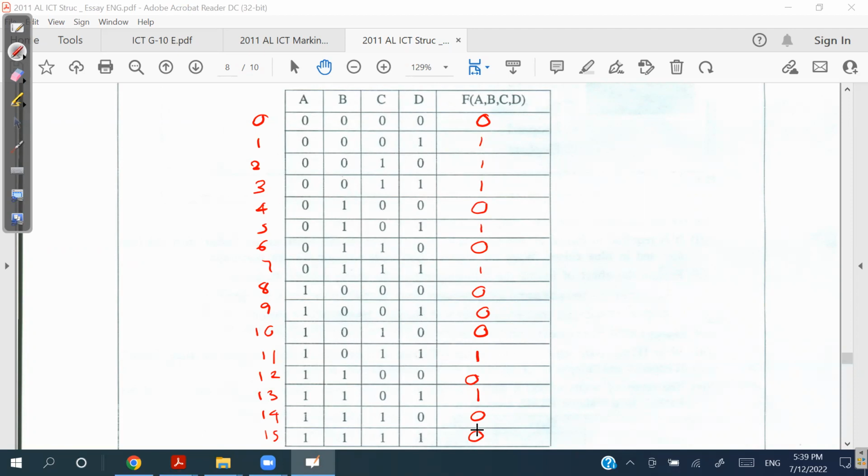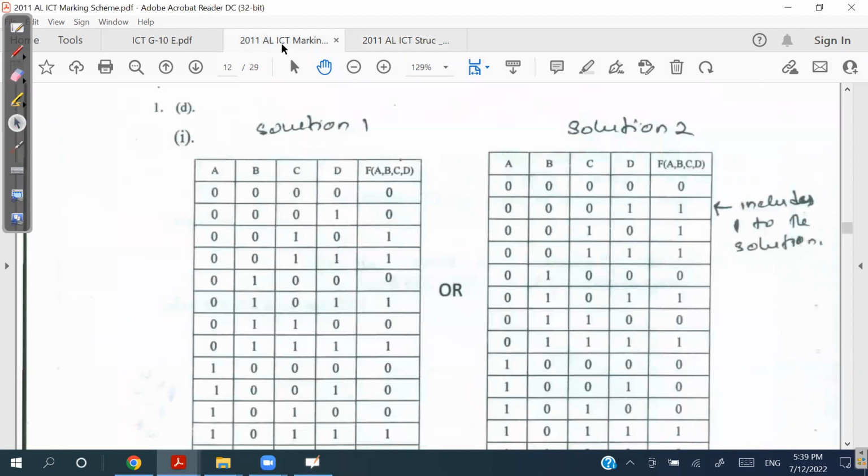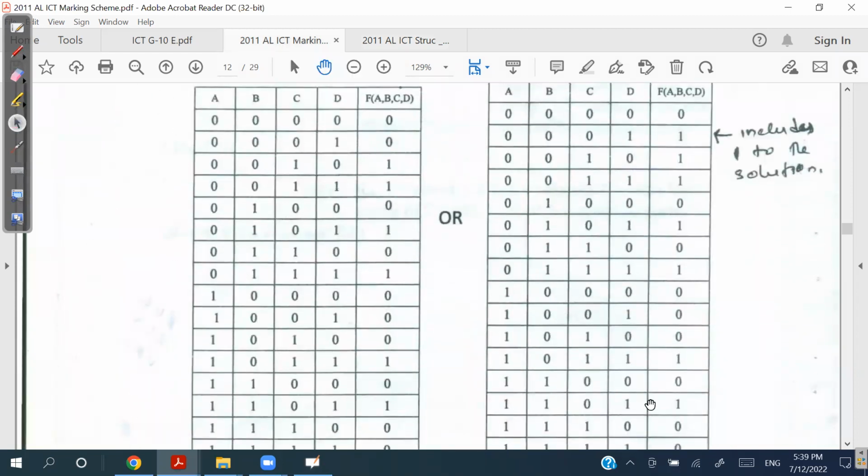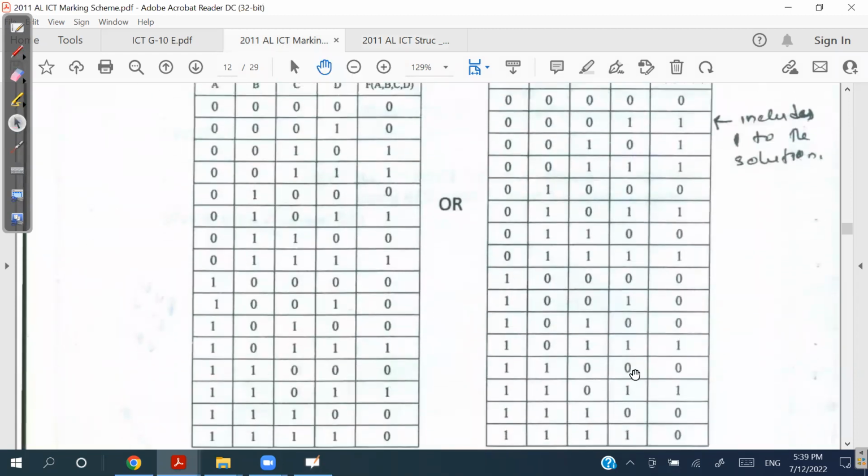So the marks for these things. Right, so just see, there are 2 solutions they have given.